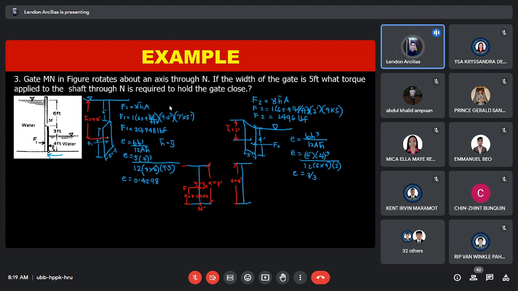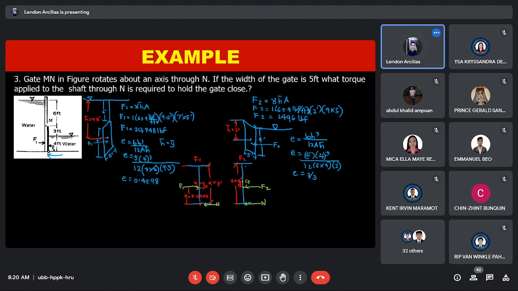So, ang N natin is pa ganyan. So, ang force natin dito is, and yung N natin is pa ganito. F1, F2. This is CG. Again, this is force 1, this is force 2.